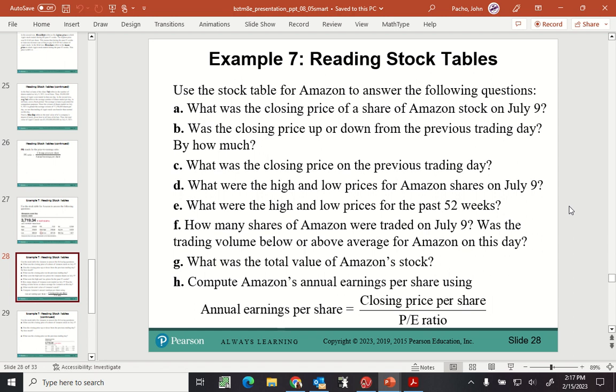Alright, so next one, C. What was the closing price on the previous trading day? It's going to be option C. Yeah, go ahead. It's up there, right? Yeah, it is. Closing price on the previous day?